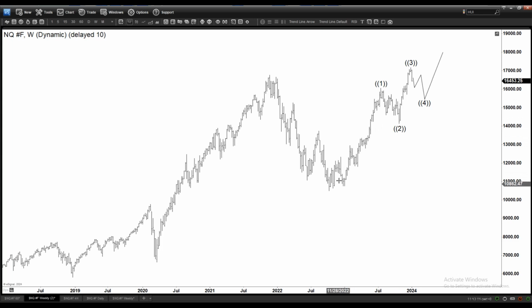So far, if you look at it from the last significant low, which is this October 2022, we only have 3 waves up here, right? That tells you this is not ending by any means. This is not the end of the rally.